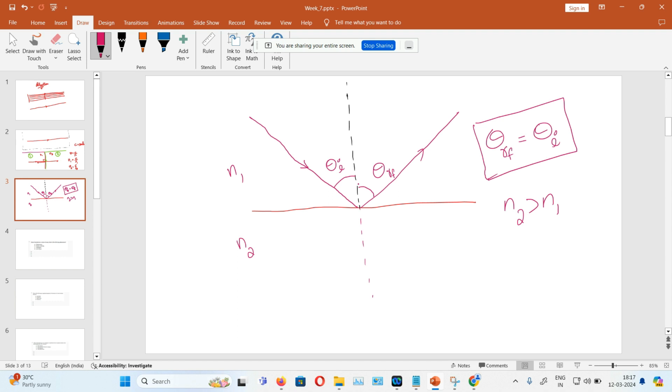That means the velocity of the light in the second medium is lower than the velocity of light in the first medium.